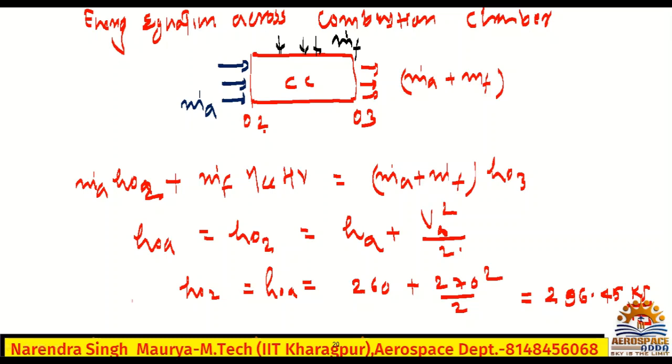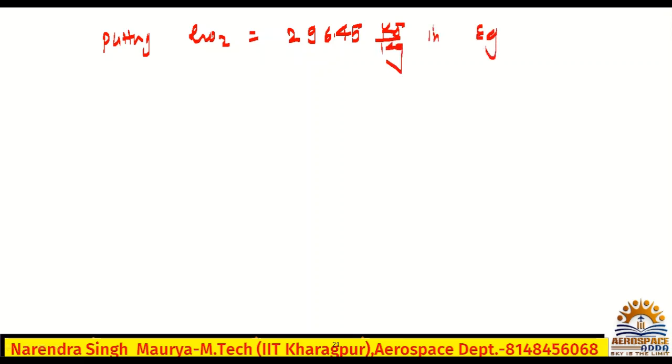Now this is just say equation number A. Okay. We'll write putting H naught 2, which is 296.45 kilojoule per kg, in equation A. What is the equation A?